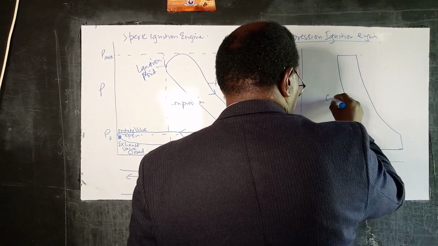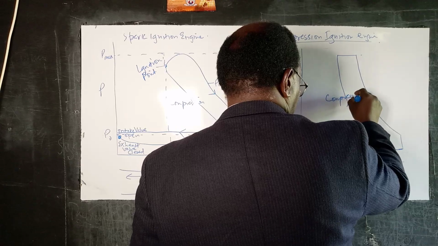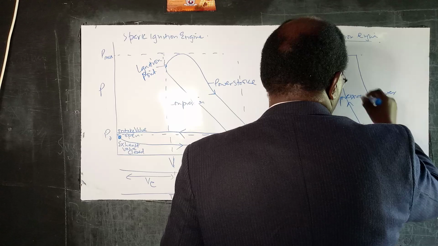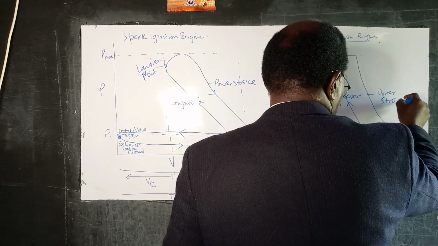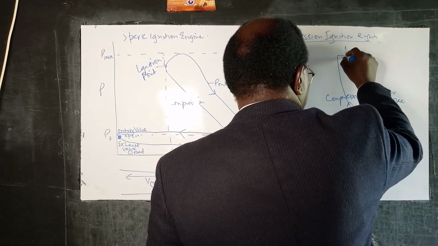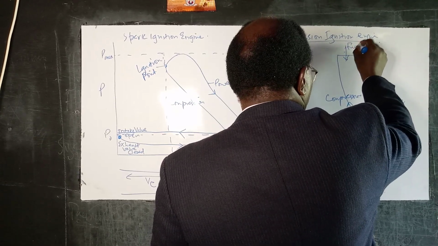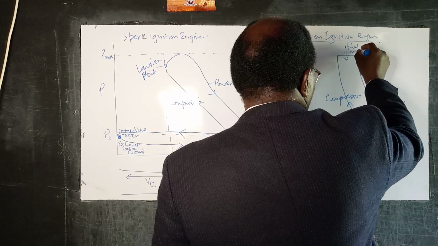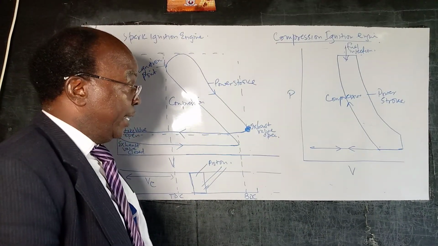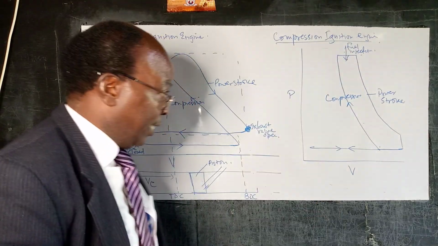This is compression. This is the power stroke. But the key catch here is this point here. Here we now have the fuel injection. Like I said, we have the fuel injection at that particular point.